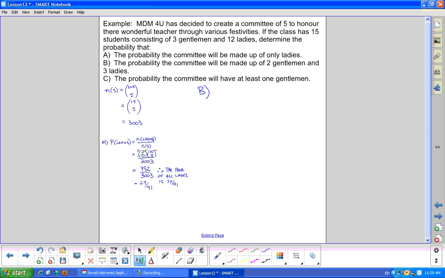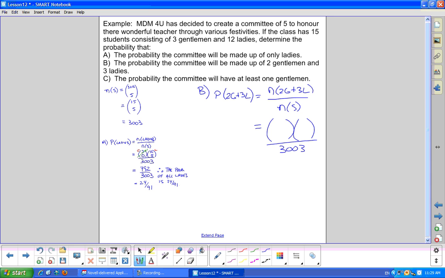B part: the probability the committee will be made up of 2 gentlemen and 3 ladies. Very specific. So we're looking at the probability of 2 gentlemen plus 3 ladies. That's the number of ways that can occur over N of S. And here's where this bookkeeping method pays off.